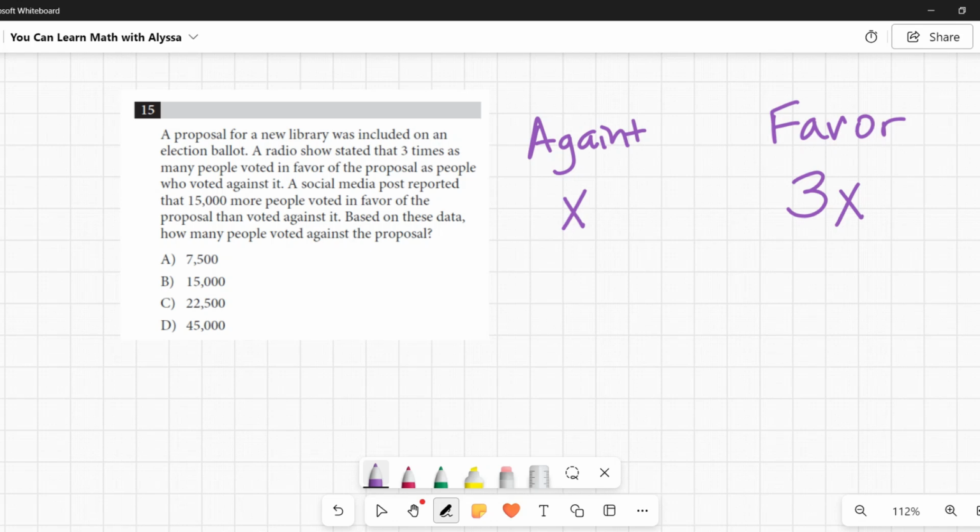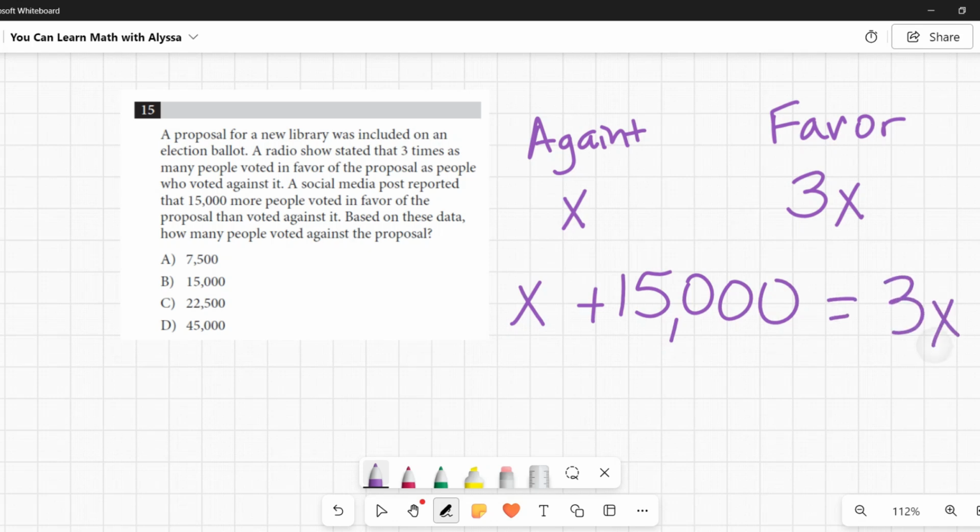So 15,000 more people voted on it. So this number that was against it, 15,000 was added to that, and that equaled how many were in favor of it. Okay, 15,000 more voted in favor.